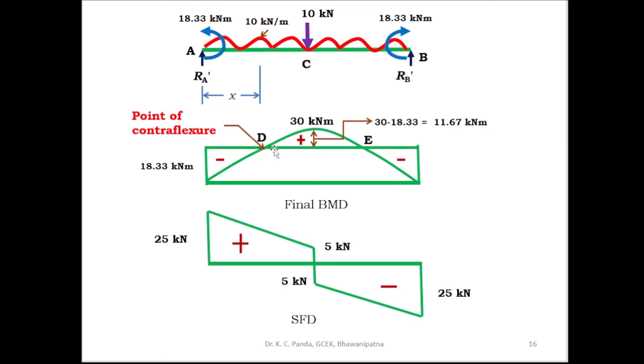You know that at the point of contraflexion, the bending moment is equal to 0 or the bending moment changes its sign. So you have to find out the bending moment at a distance x from the support A. Then you have to equate the bending moment to 0. Then you can find out the point of contraflexion distance.